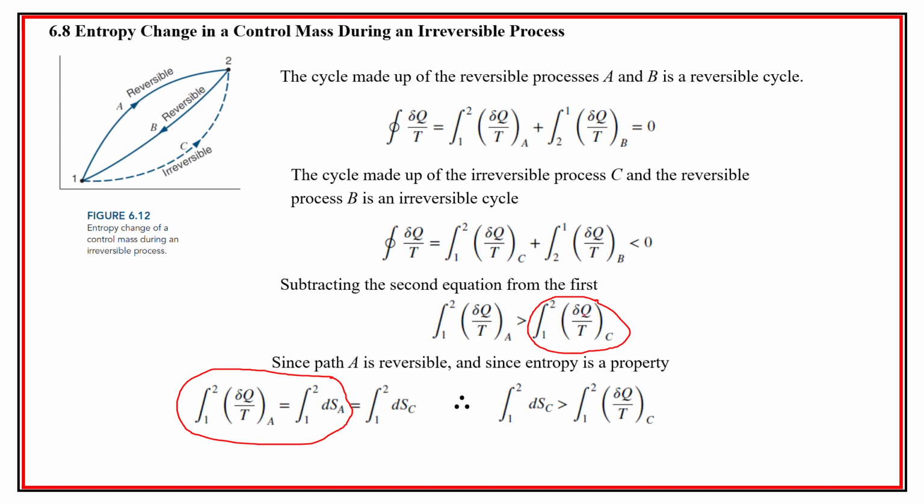This is just the integral of the change in heat divided by the temperature through path C. But we do know that we get to that spot and that spot, right?